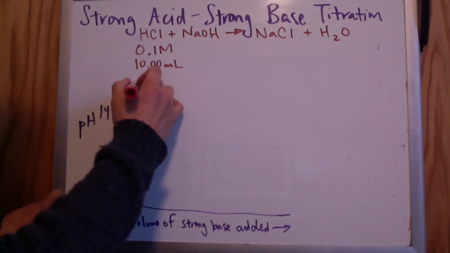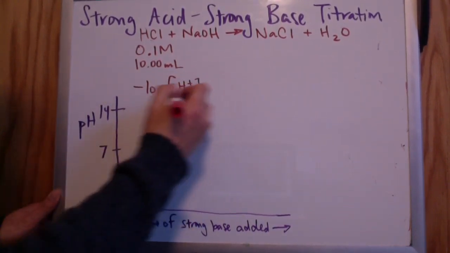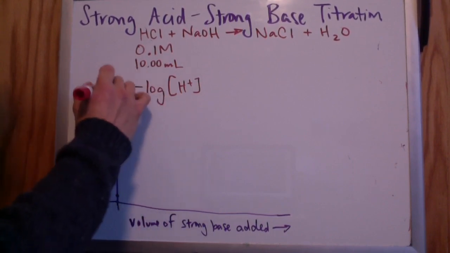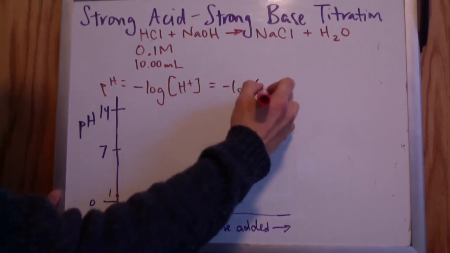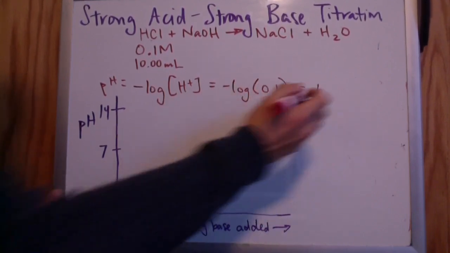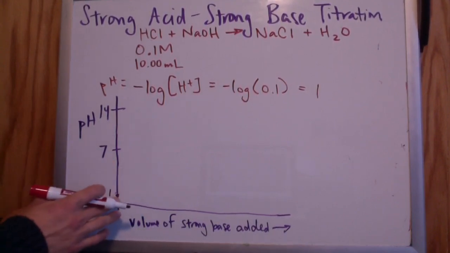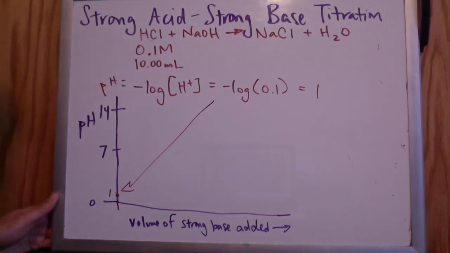So we would take the negative log of the concentration of H plus, which is negative logging 0.1 molar, and that gets us a pH of 1 initially, because we added no base at this point. So that's how we got this 1 at this point.